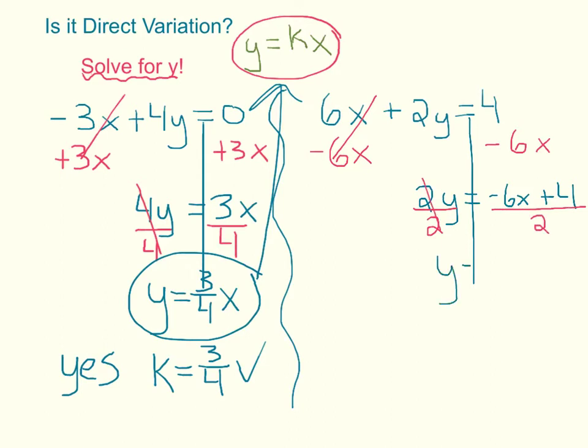So y equals negative 6 divided by 2 is negative 3x, and 4 divided by 2 is 2, plus 2. So is this direct variation? It is not, because we have this plus 2. That would give us a y-intercept of something other than 0. So this is not direct variation.